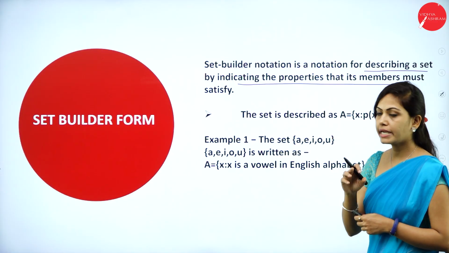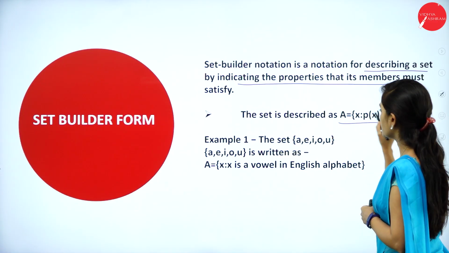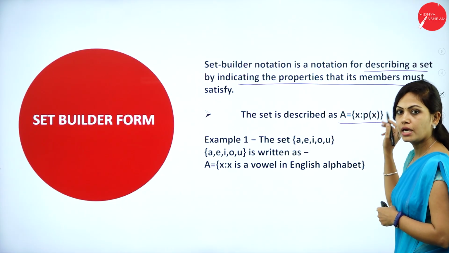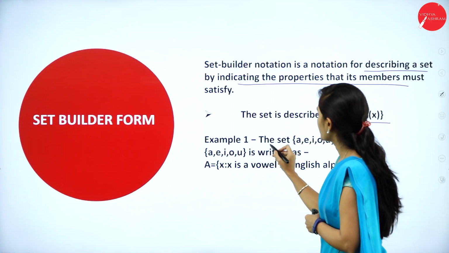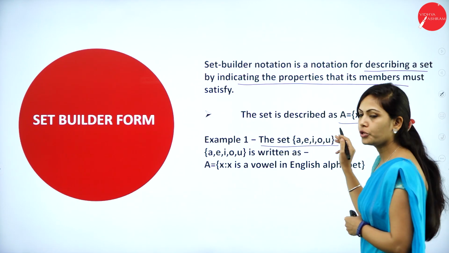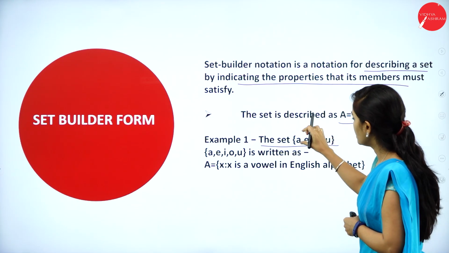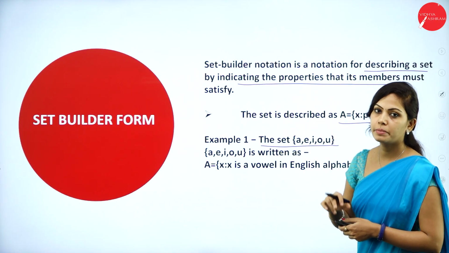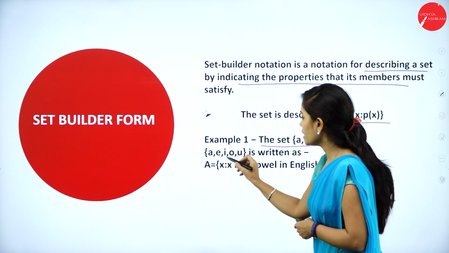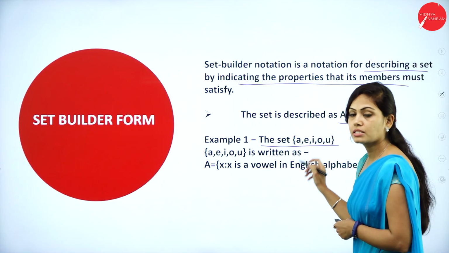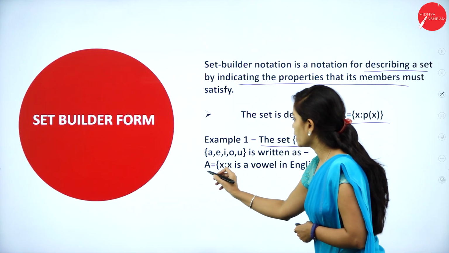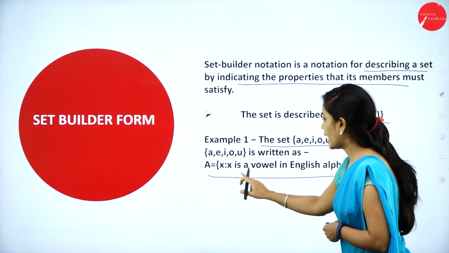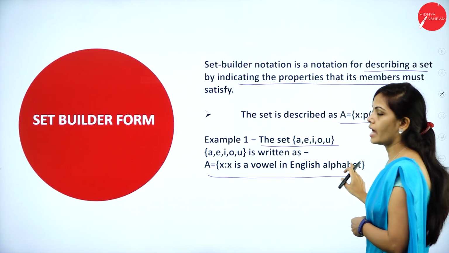Here the set is described as A is equal to X such that P of X. I will take this example. The set A, E, I, O, U. Here I have the list of elements that I will convert into set builder notation. A, E, I, O, U is written in set builder form as A is equal to X such that X is a vowel in English alphabet.